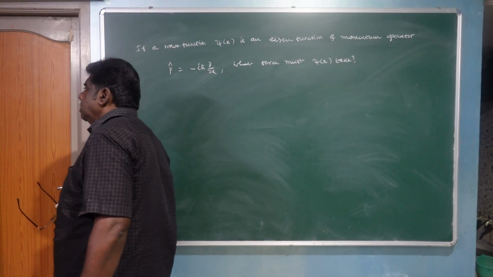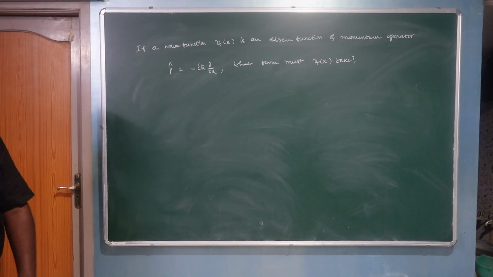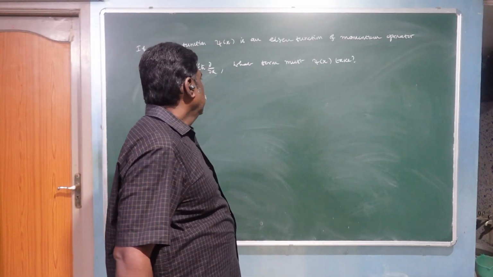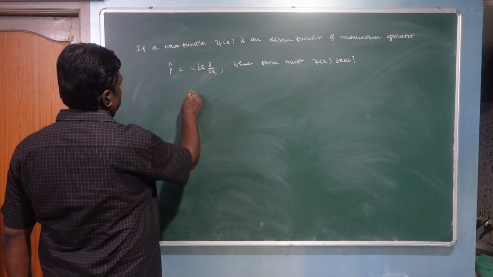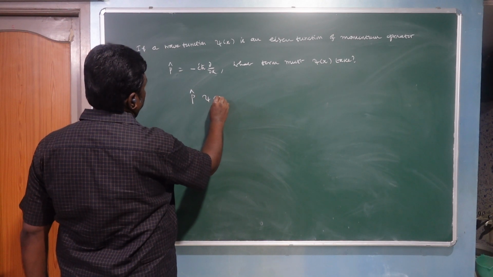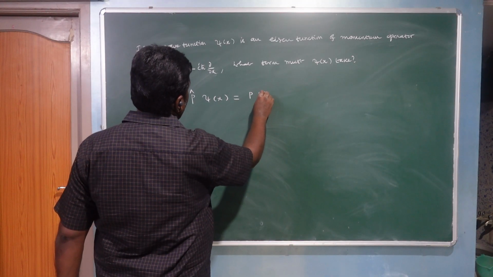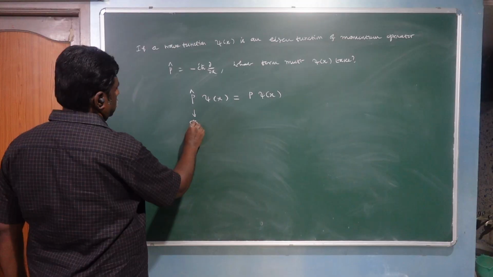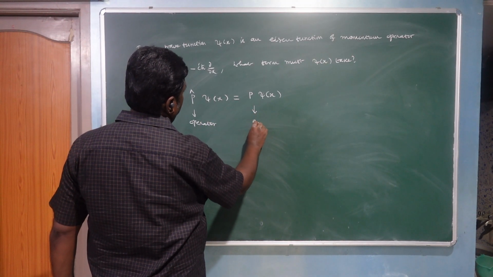They are given the x component of momentum and are asking about the eigenfunction. We know the eigenvalue equation. An operator operating on a function gives one eigenvalue p and the same eigenfunction. This is the operator. This is the eigenvalue.